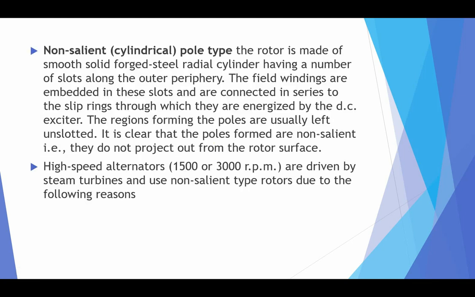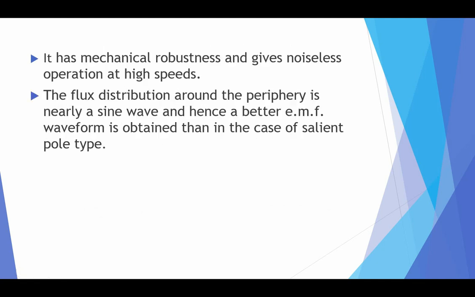Higher speed alternators, that is alternators of 1500 to 3000 rpm, are driven by steam turbines and use non-salient type rotors for the following reasons.